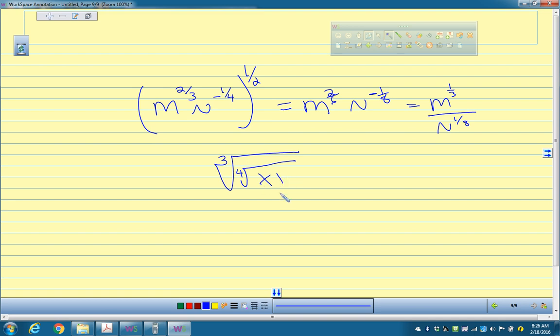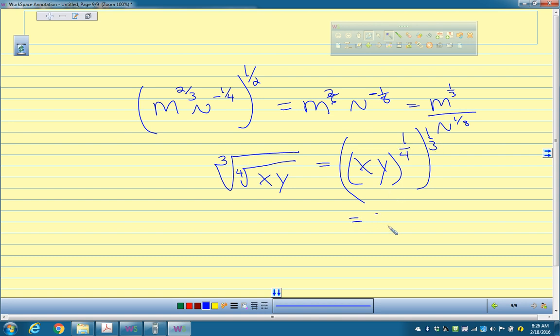What if I see something that looks like that? A root inside a root. Wow. Retention. When you take that, you just multiply the roots together. So this is equivalent to saying xy raised to the 1/4, that whole thing raised to the what? 1/3. And then you just multiply those two exponents together.